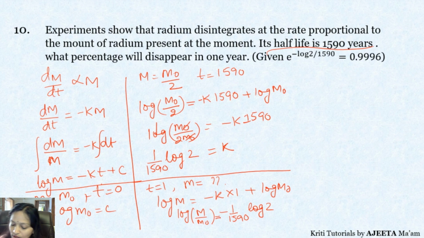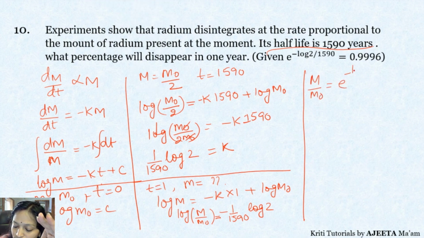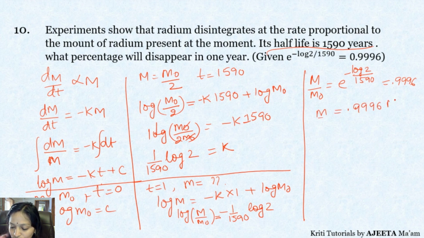Minus k is there. So now we will use exponential because हमें वैल्यू दिया. So m by m0 will be changed from log to exponents. What is this value given to you? 0.9996. So m by m0 is this. So m is 0.9996 m0. Right? Now this is your new m.